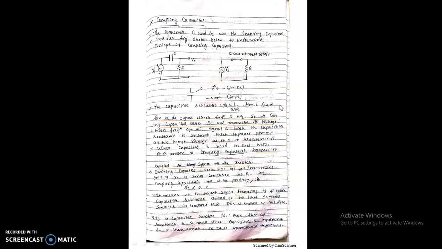When the frequency of the AC signal is high, the capacitive reactance is so small that it passes almost all the input voltage as it is to the resistance. So when a capacitance is used in this way, with an AC signal, it is called a coupling capacitance, because it couples the AC input to the resistor.